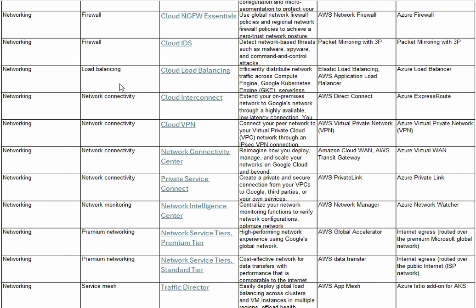Next, load balancing. We understand that the load balancer divides the load among the respective backend servers. The load balancer on Google Cloud is called Cloud Load Balancer, and on AWS there is the Elastic Load Balancer and the Application Load Balancer. There are different types of load balancers available, which we will explain in the future.